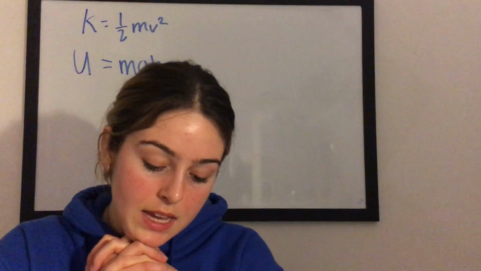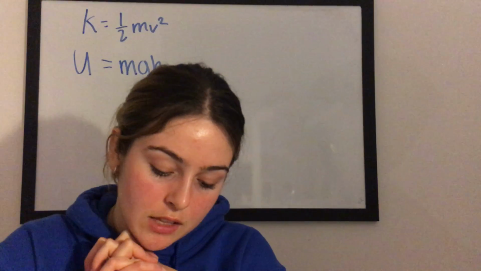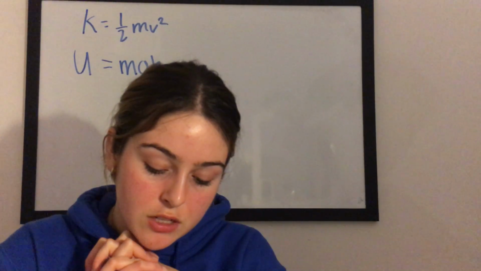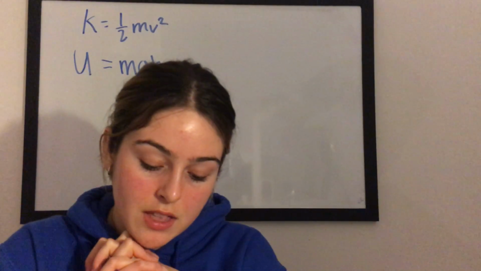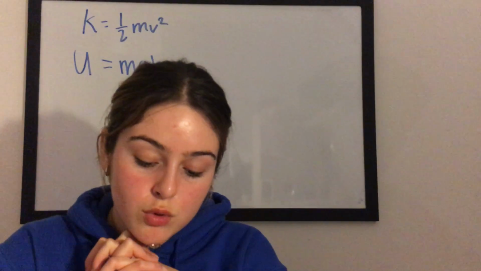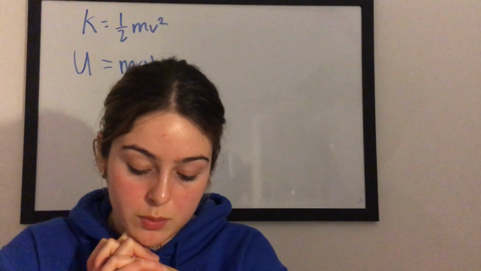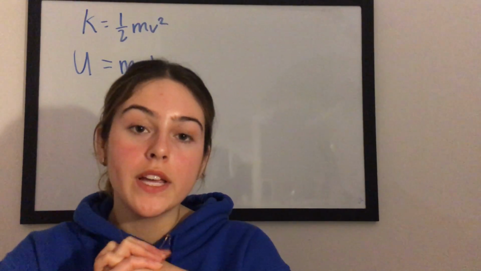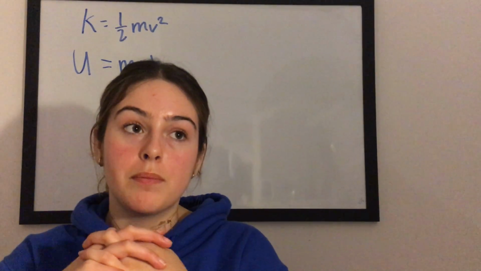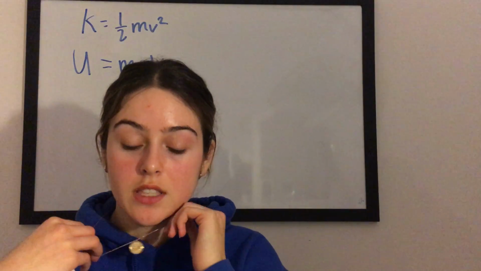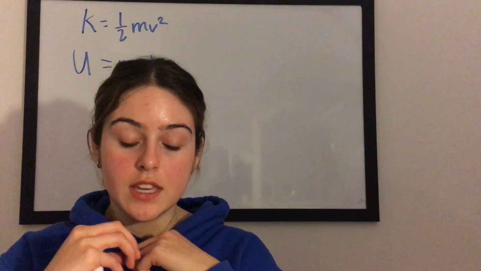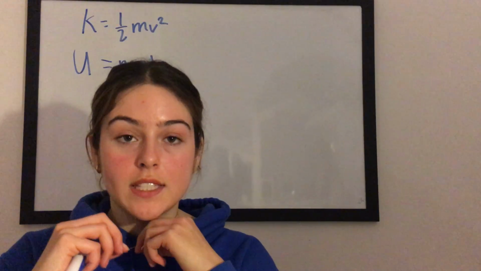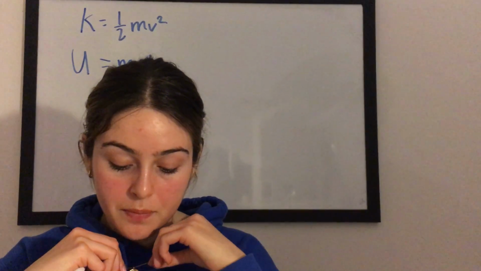So the problem states, how does the work required to accelerate a particle from 10 meters per second to 20 meters per second compare to that required to accelerate it from 20 meters per second to 30 meters per second? So we know from basic laws of energy that every moving object has kinetic energy.